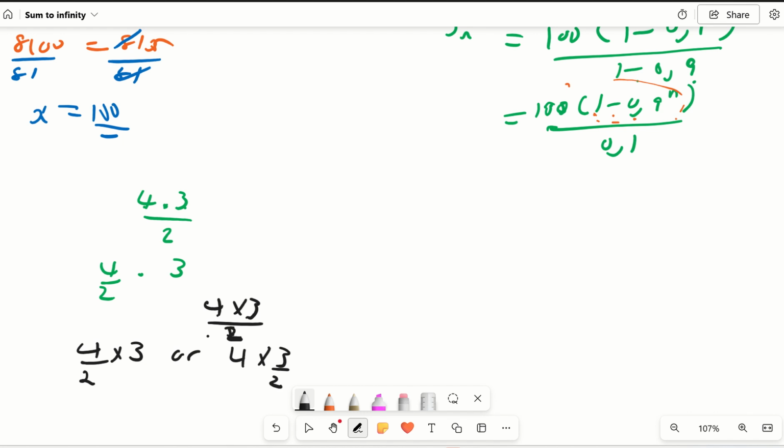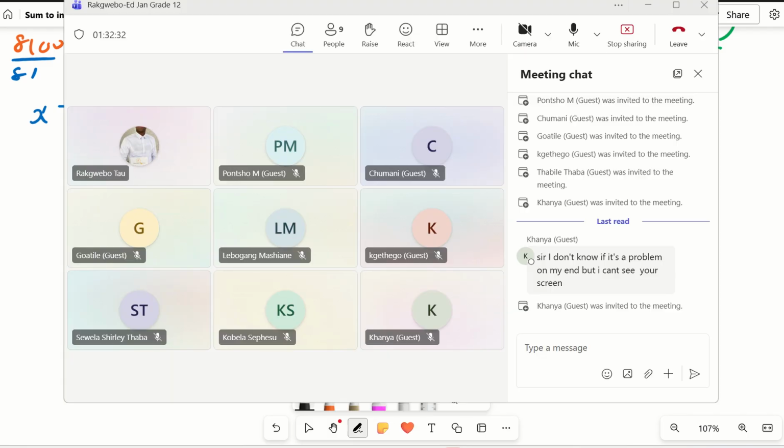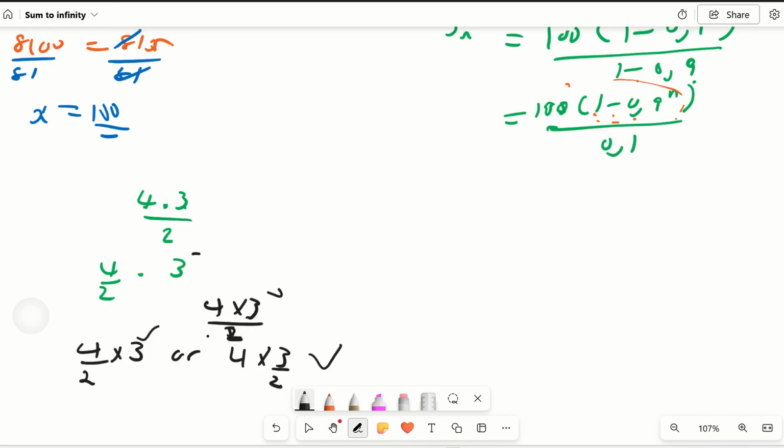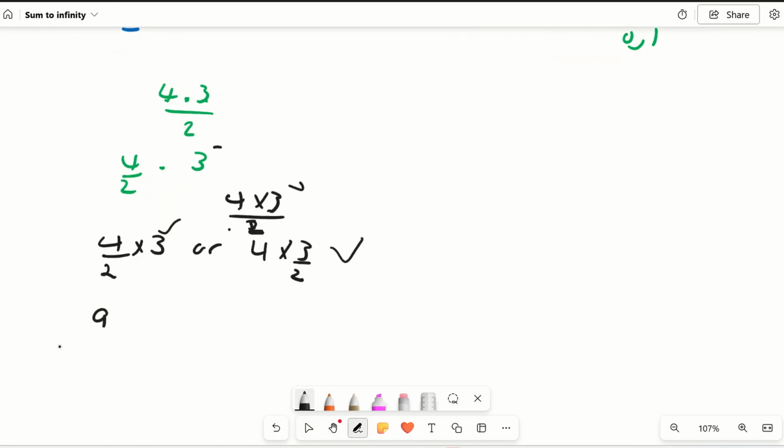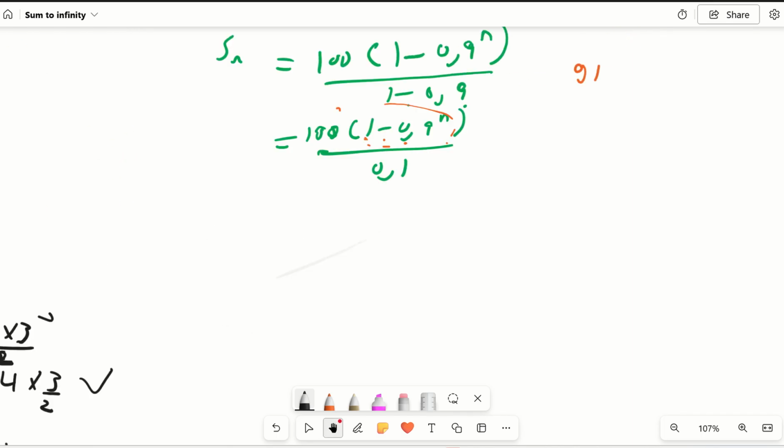If you punch this into your calculator, you still get the same answer. Bonso, are you happy? Proper stuff. You want to put it mathematically? A times B over C is the same as A over C times B, or A times B over C. Same thing.